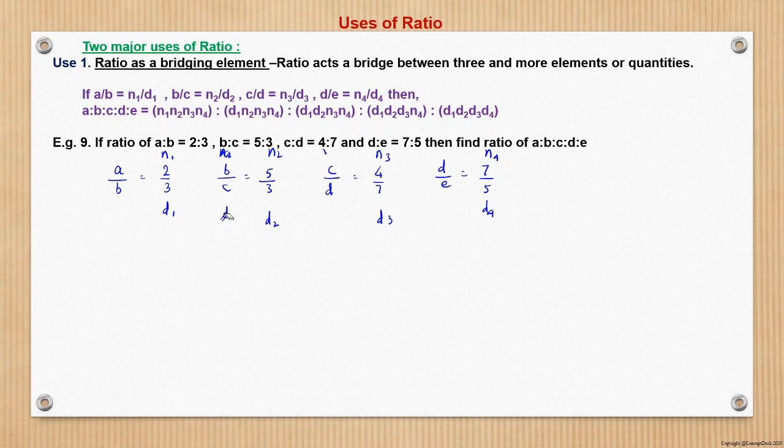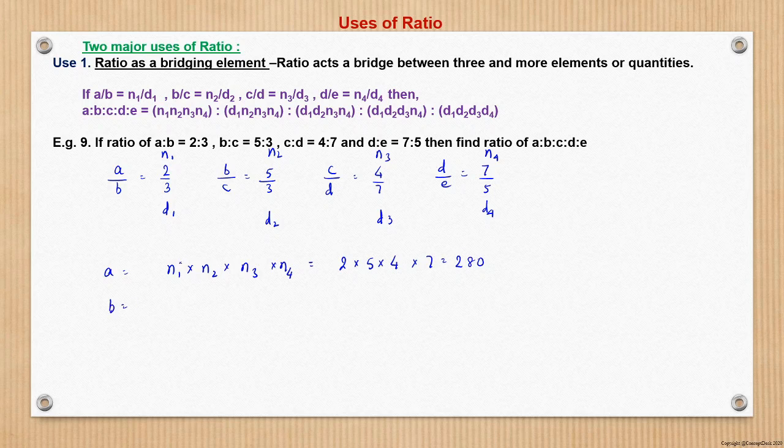So A will be given by the product of all the numerators n1 n2 n3 n4. So this is nothing but 2 into 5 into 4 into 7. This is 280.